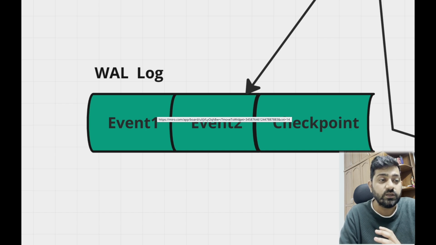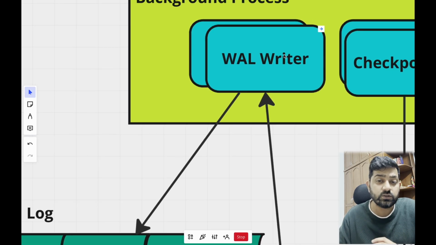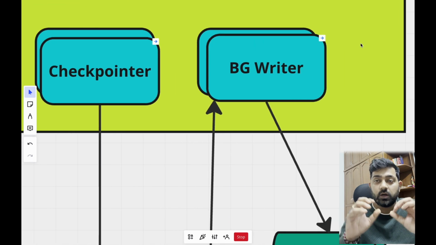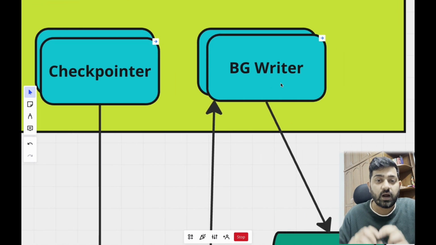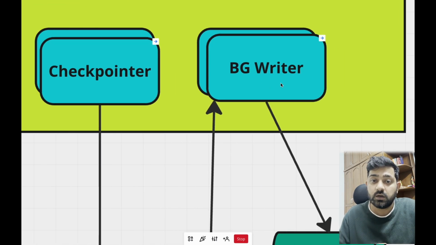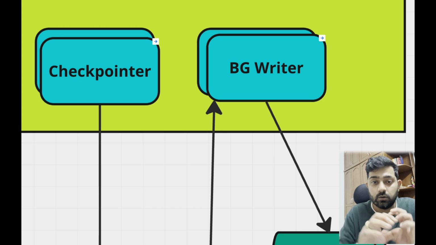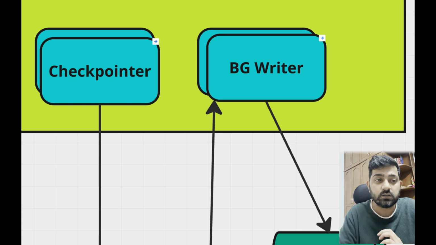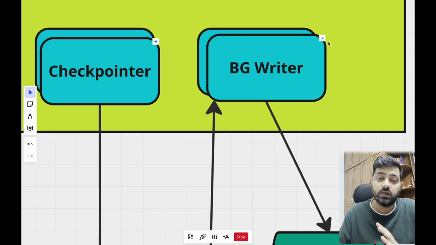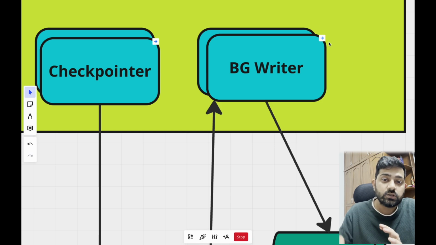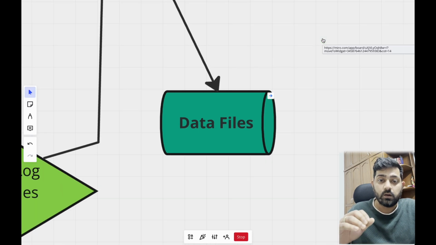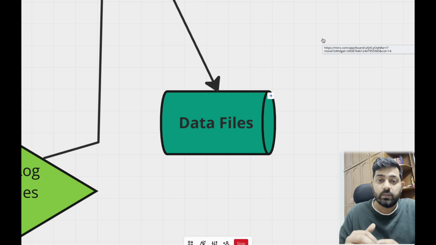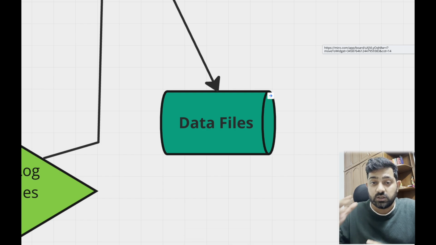Similarly, there is the BG writer, or background writer, which is responsible for putting the set of records that need to be inserted into the database onto the data files, and these data files are written on the disk. So all the operations that are happening on your data need to be consolidated and kept on disk in the form of data files.